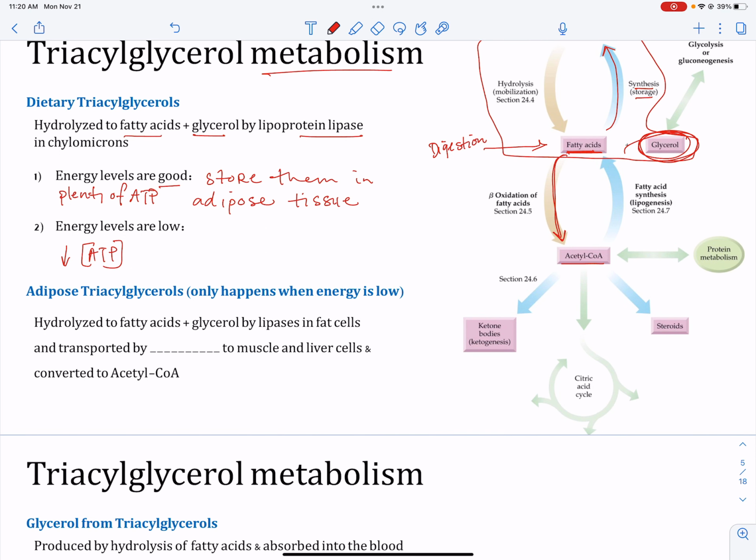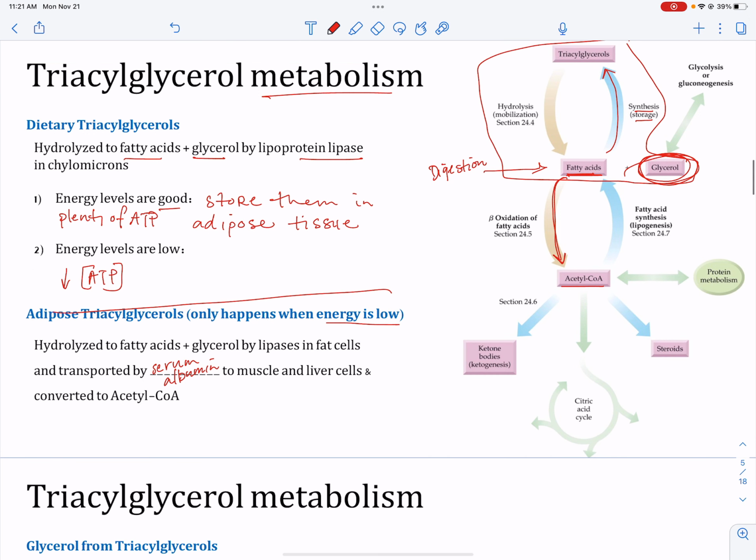But real quick, adipose triacylglycerols. We're only going to break them down when energy is low. They're hydrolyzed to fatty acids and glycerol by lipases in fat cells, and they're transported, remember, by serum albumin to muscle and liver cells, and they're converted to acetyl-CoA.